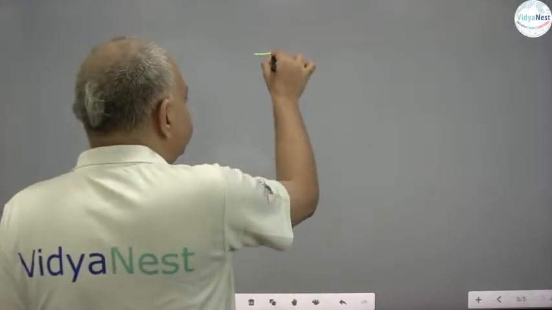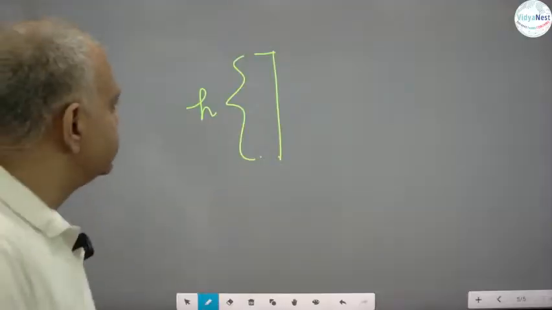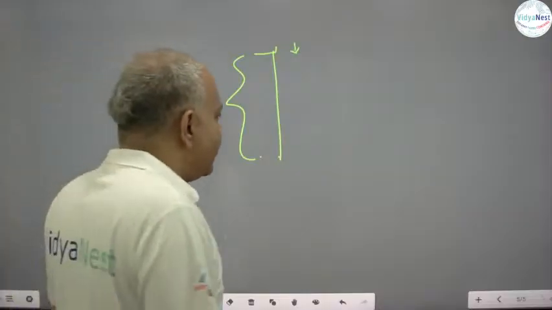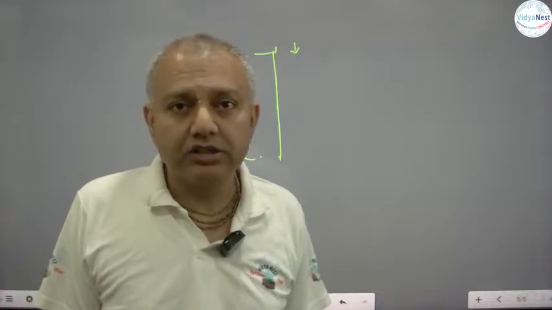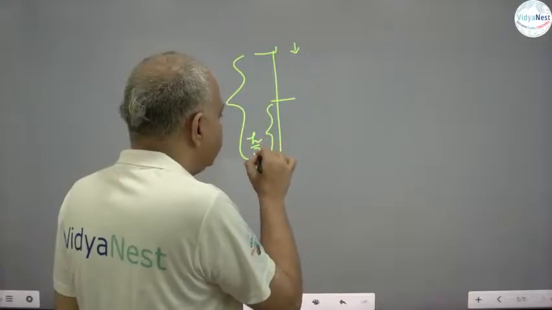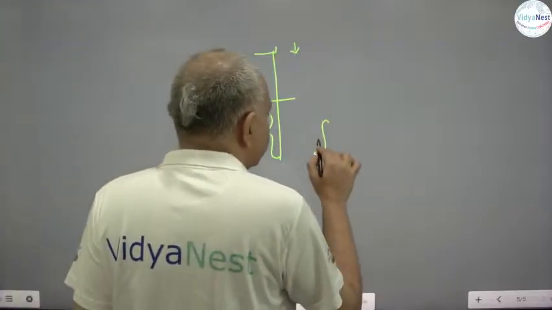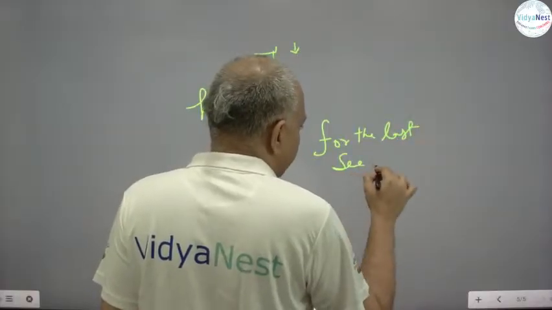A ball is dropped from that top point, and it says that for the last second of its motion, it has traveled a length of h by 2.